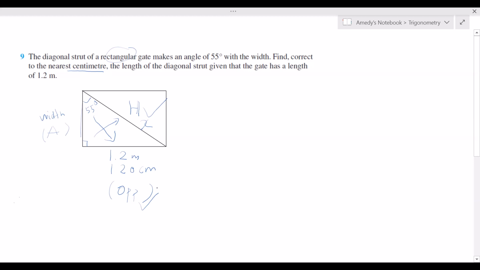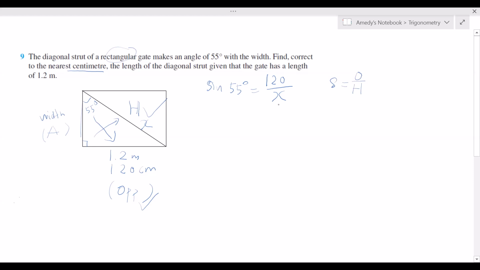What is that? Yes, that's right. Sine. Sine is the one that links them. So we're putting sine 55 degrees equals 120 over x, the opposite over the hypotenuse. Let's remind ourselves sine is defined as opposite over hypotenuse.